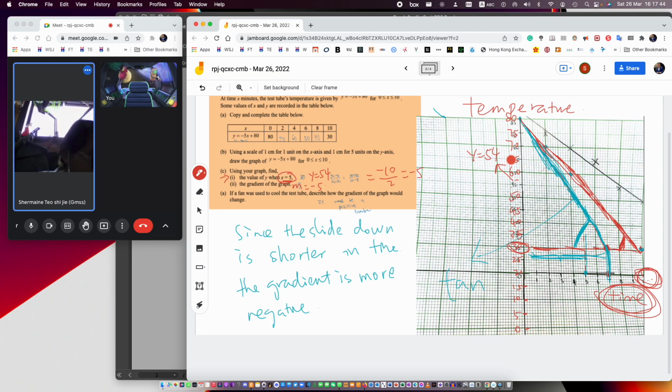Let me check. Never mind. If you don't have, it's okay. You just look at the blue one here and the red one here. The blue is more dramatic. That means the blue angle is bigger than the red one. So the blue one is more dramatic, so it's more negative. So the gradient is more negative. Are you clear? Yeah.